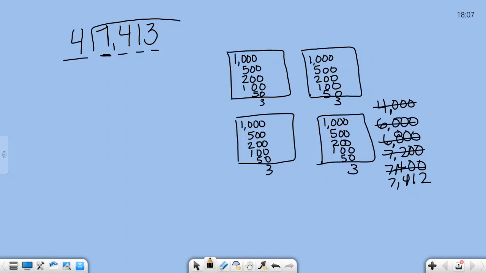So that would be my remainder. Now I add up the total in the box for one box. 1,000, 500, 200, 100, 50, 3. So 1,853, remainder 1. So that's one way to solve the problem.